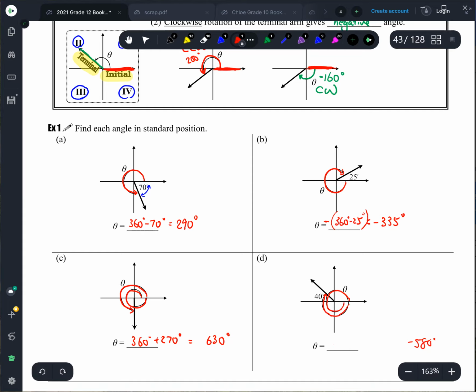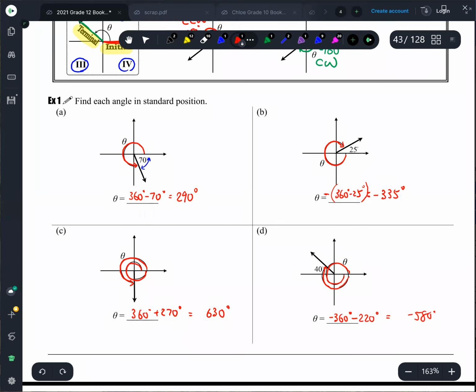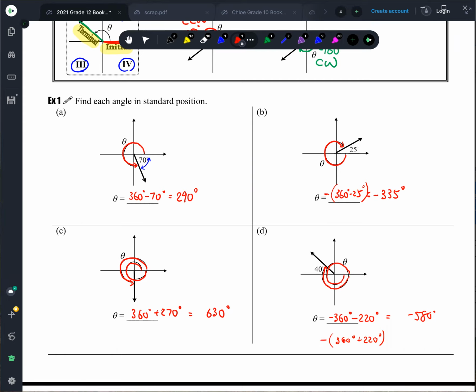You can think about we are going in the negative direction, so negative 360, but we're not there yet. Keep subtracting, right? Subtract 220 degree more. That's one way to think about it. The other way is we put the negative later. We do 360 degree and then have another 220. And then we know the answer should be negative. We put the negative at the end. Either way, your answer should be a negative number.